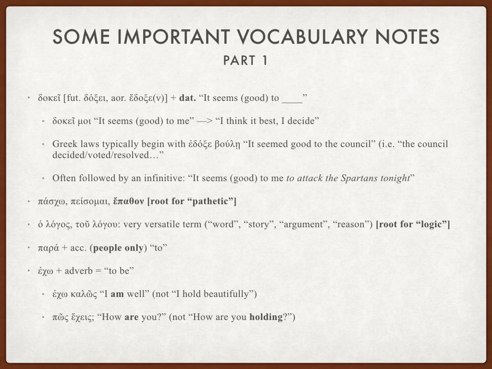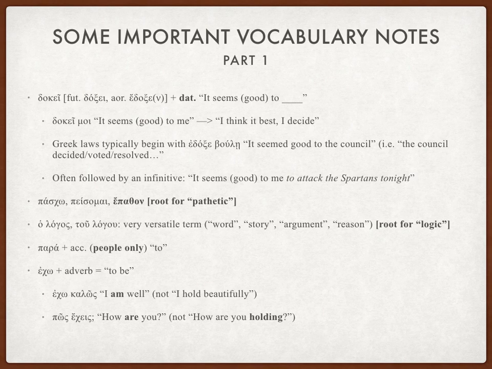Which is why, if you study Greek epigraphy, for example, if you read ancient Greek inscriptions that record laws, you'll often see the very important phrase, edoxe tēi boulēi. It seemed good to the council, which really means the council decided on something. The boulē could be like a senate or an assembly or something like that.